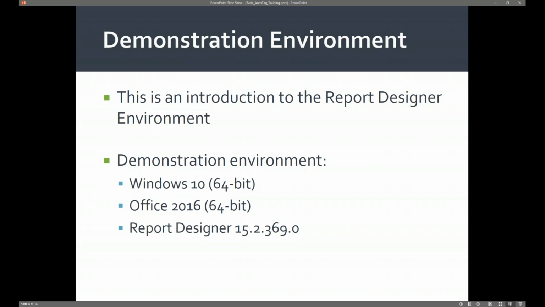But for today, the machine I'm working on is a Windows 10 operating system, which is 64-bit, and I'm also using Microsoft Office, also 64-bit. It's okay to use 32 or 64-bit.